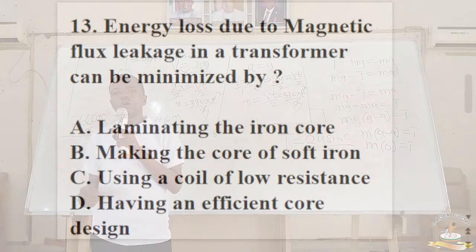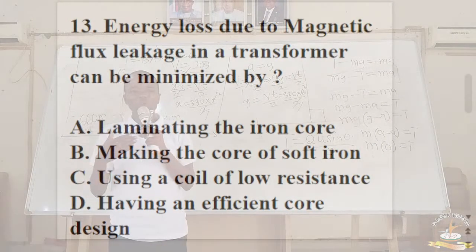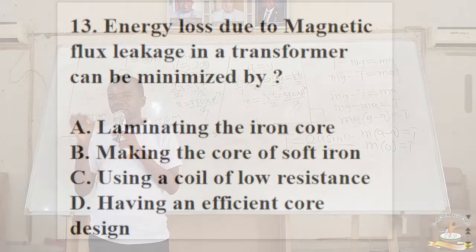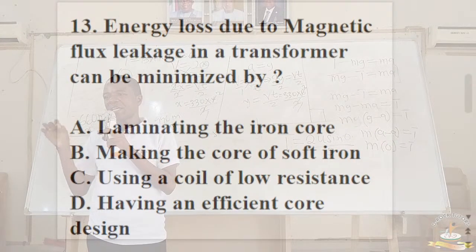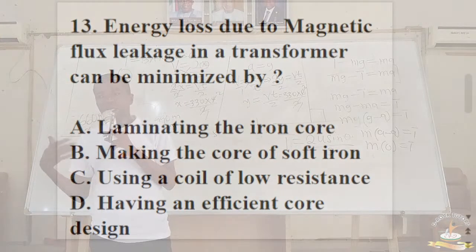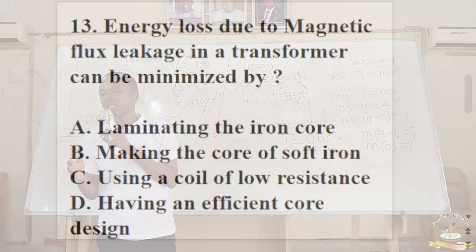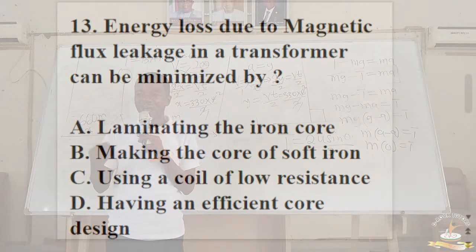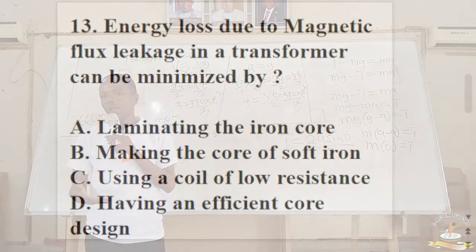Number two source of loss of energy in a transformer is what we refer to as hysteresis loss. Hysteresis loss is minimized by using a soft iron core in the building of that particular transformer.